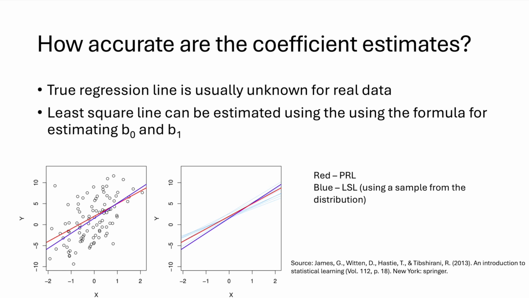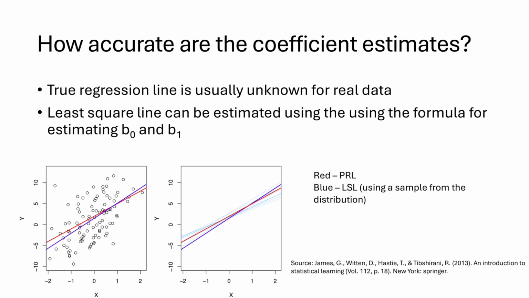The least square estimates for the coefficients can be calculated using the same unbiased estimator approach, and you can use a number of simulations to prove that.